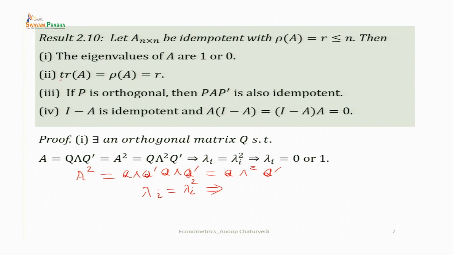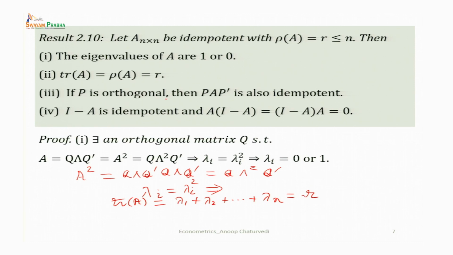So, if you take trace of A, then trace of A is also equal to r, because trace of A is equal to the sum of all the eigenvalues, and out of these n eigenvalues r are equal to 1 and the remaining n minus r are equal to 0. So, you get trace of A equal to rank of A equal to r.